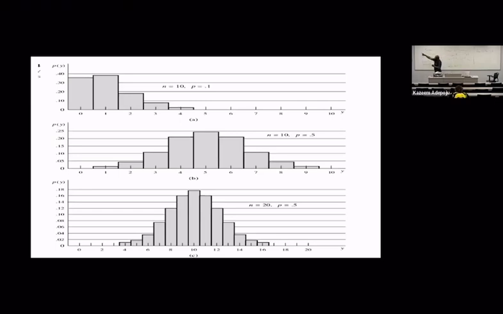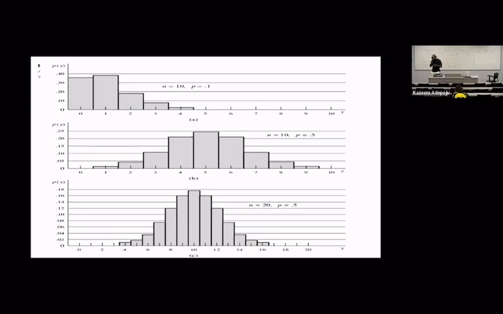If the number of trials equals 10 and the probability is 0.1, the histogram will be different from the second one, when n equals 10 and p equals 0.5. The difference is that the probability of success has increased, while the number of trials remains the same.